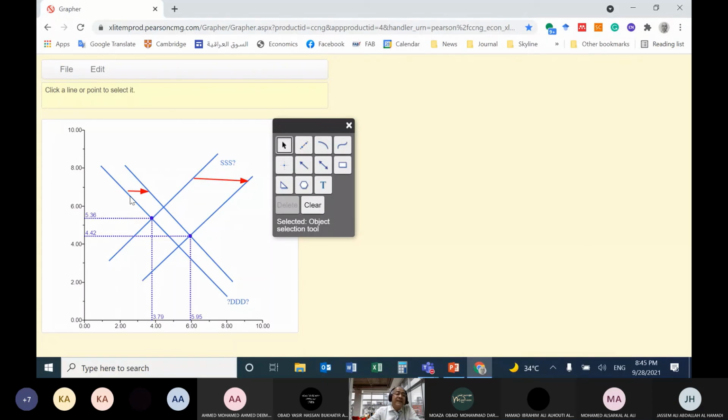But since there is a slight increase in demand, I make the increase in demand smaller than the increase in supply. And then this is the intersection point.